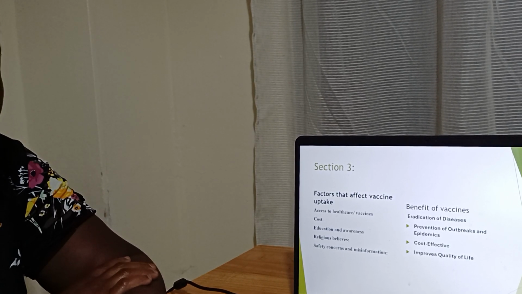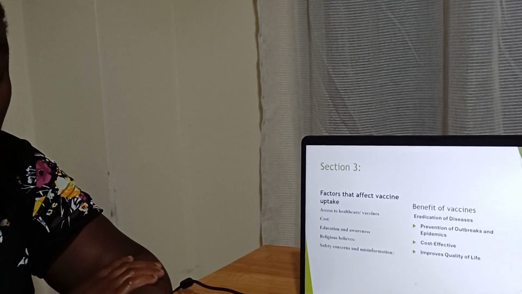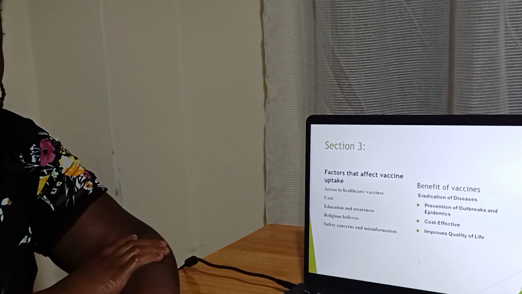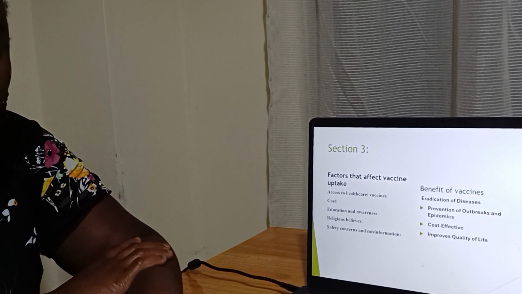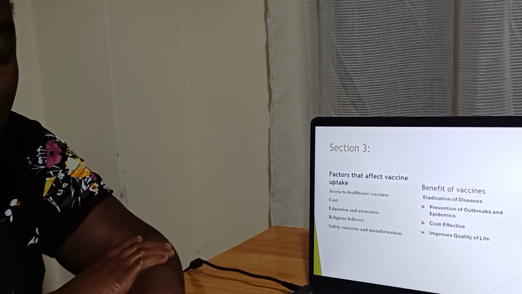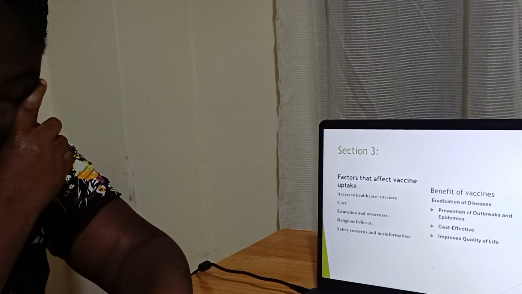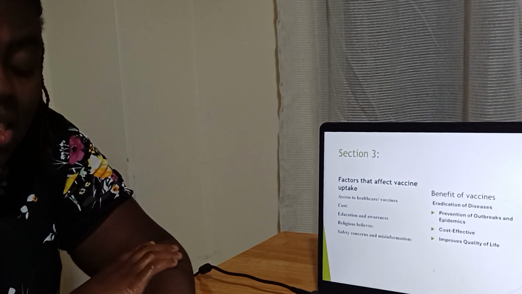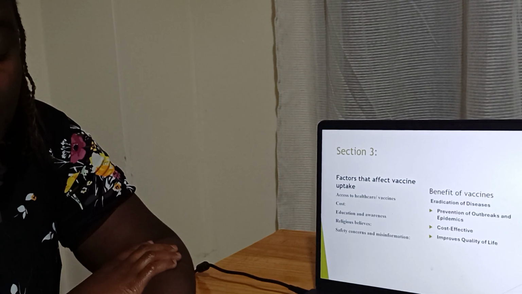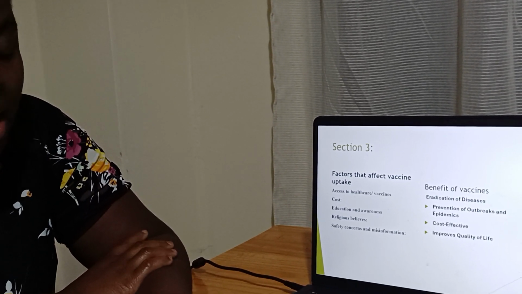Some factors that affect vaccination uptake are access to health care or vaccines. If vaccines are not readily available, or if individuals do not have access to a health care facility, vaccine uptake can be low. You have the cost of the vaccine. If the vaccine is expensive and if individuals or families cannot afford it, they may not get the vaccine. We have education and awareness.